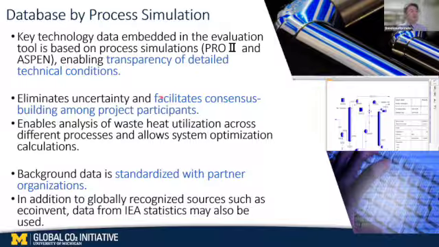Also, it eliminates the uncertainty and facilitates consensus building among project participants. So if you want to know what the temperature, the humidity, or the pressure is, what the process flow is, how you estimated the TEA, or how you estimated the equipment cost, all these data are disclosed within this tool. So this is something special.